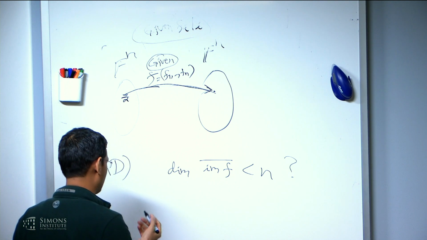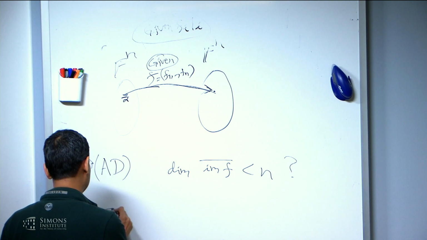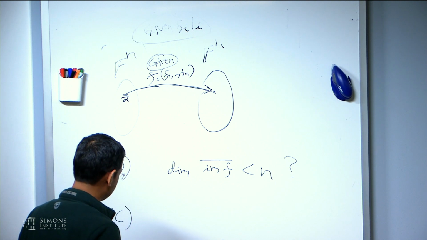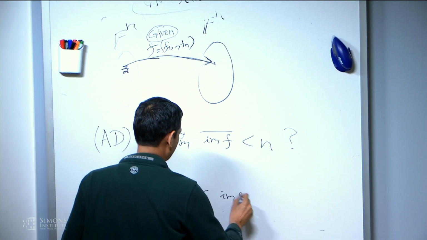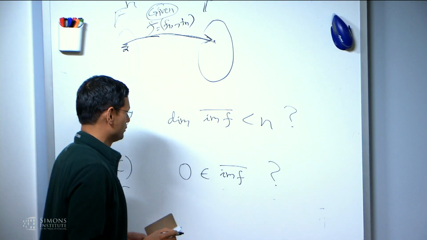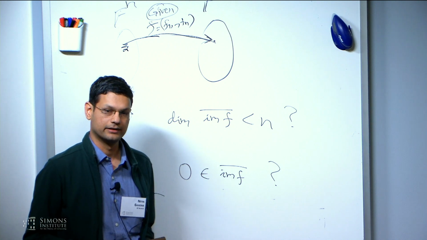The second question I'll call zero enclosure, which, as the name already suggests, you want to check whether 0 is contained here. The point 0, whether it is contained in this variety.